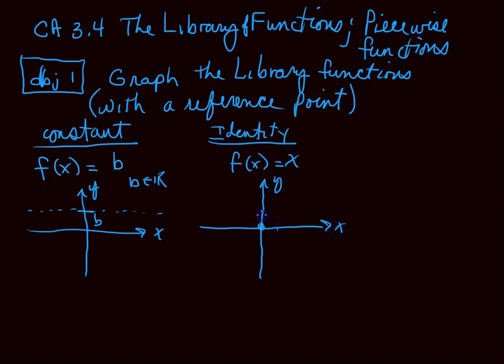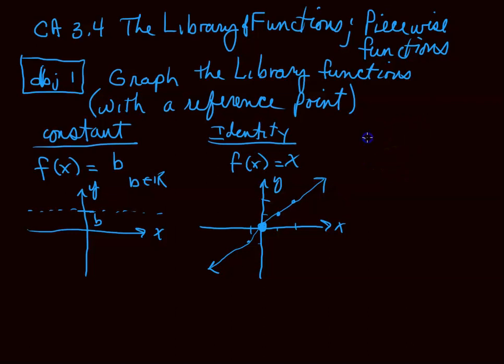You put in a 1, you get out a 1. For a 2, you get out a 2. -1, you get out -1. It is the diagonal through the first and the third quadrants, the identity. Its reference point, I guess, would be at 0, which is normally the reference point for all of these. That's point 0, 0, the origin.